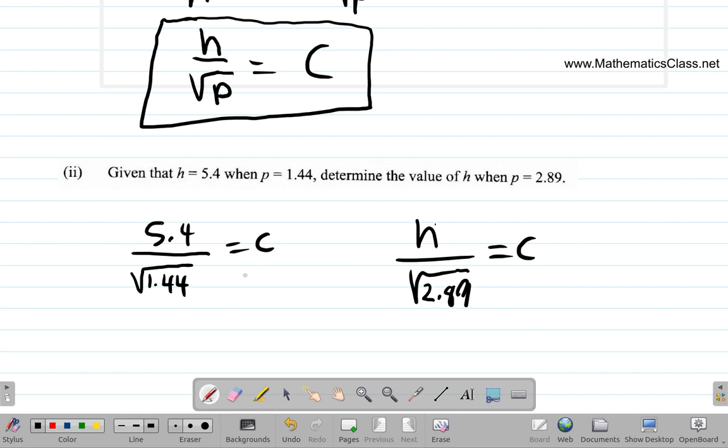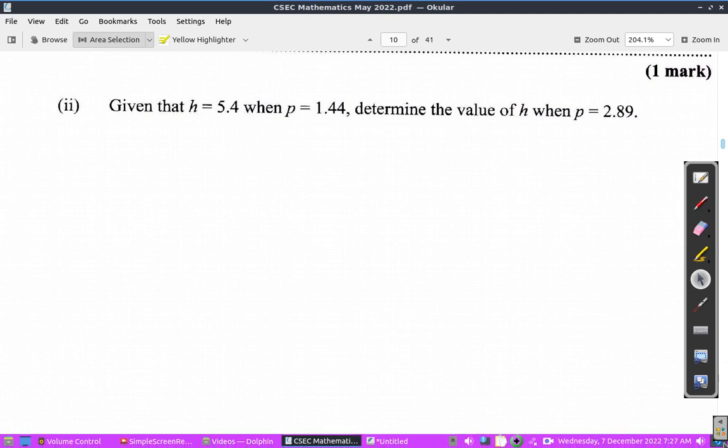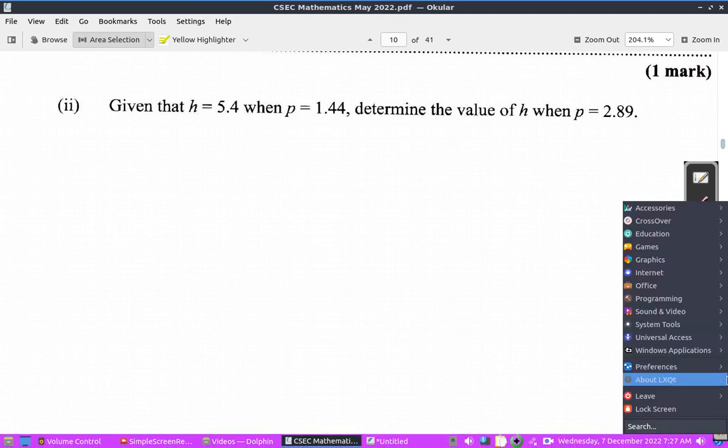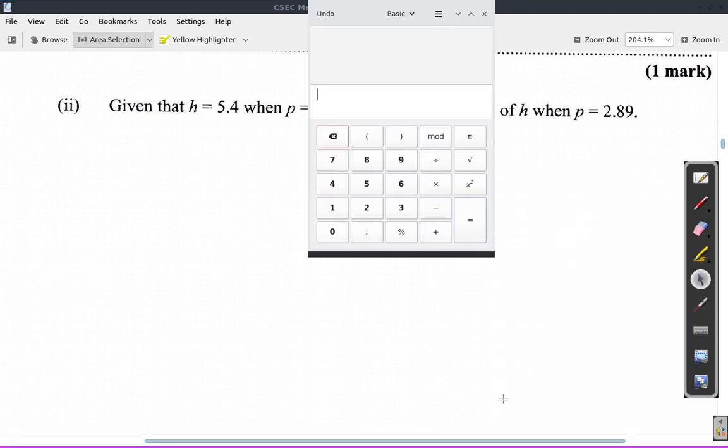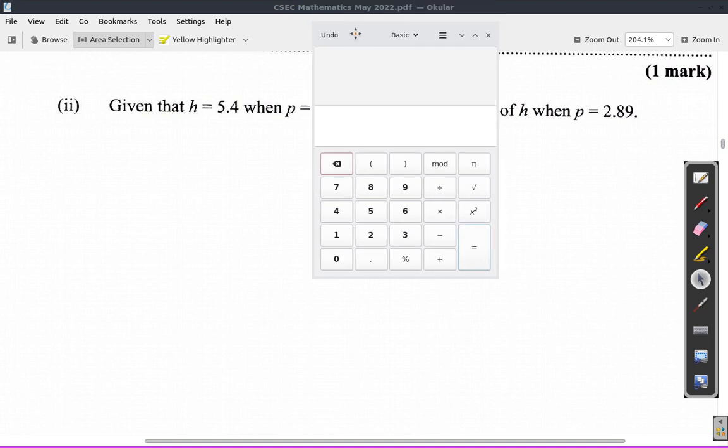We're going to have to find what the constant is. Here, 5.4 divided by the square root of 1.44 is, let's get our calculator here. Alright.